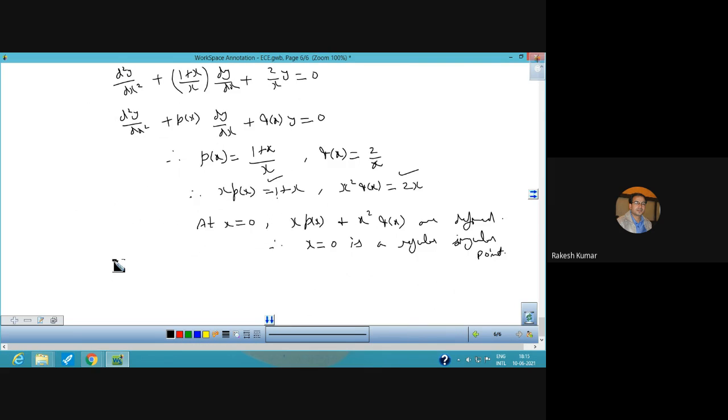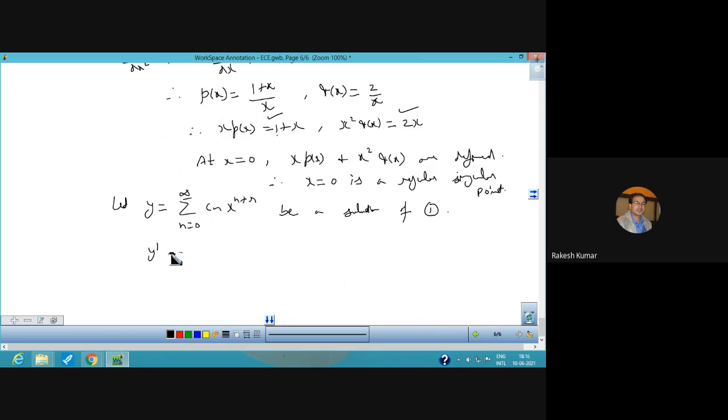So if this is a regular singular point, you can suppose the solution y is equal to summation n is 0 to infinity c_n x raised to power n plus r, be a solution of differential equation 1. So from this we can get the derivatives. The first order derivative comes out to be summation c_n (n plus r) x raised to power n plus r minus 1.